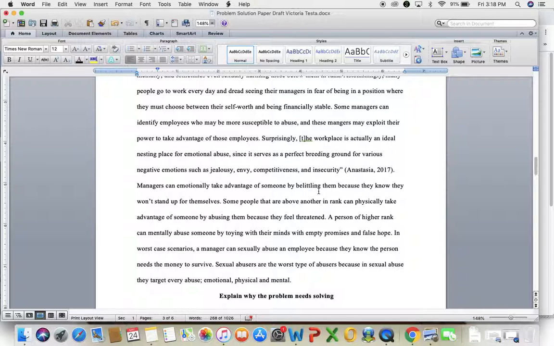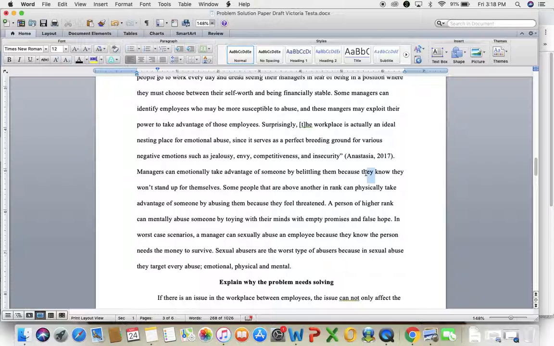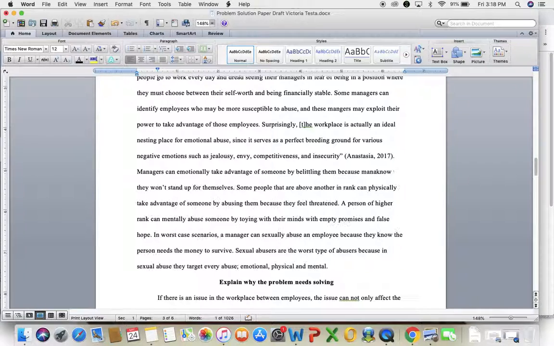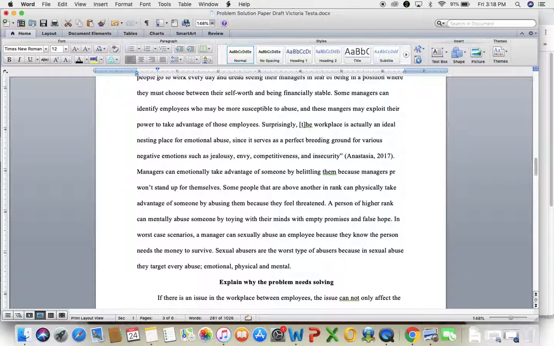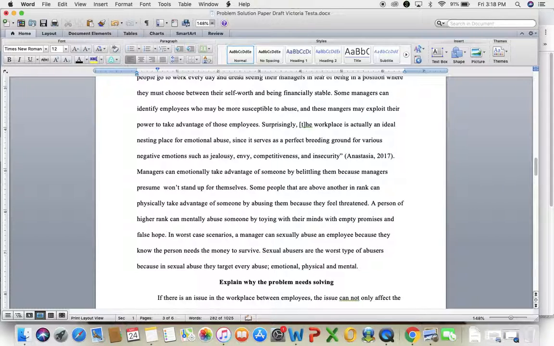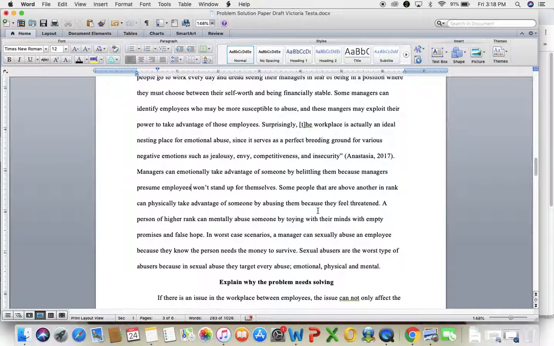"Managers can emotionally take advantage of someone by belittling them because they know they won't stand up for the..." Again, we have two subjects, the managers and, well, subjects and objects, but it can be confusing when we have a vague pronoun. So, "managers... won't stand up for themselves."